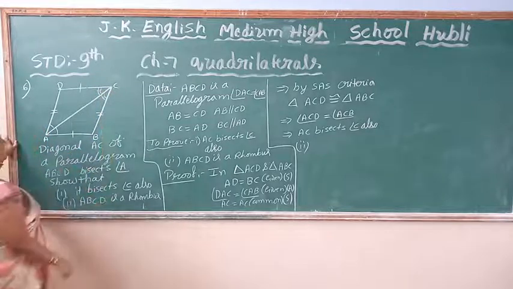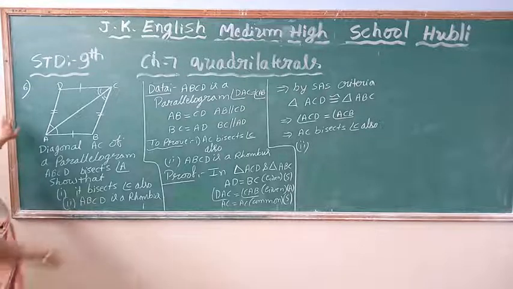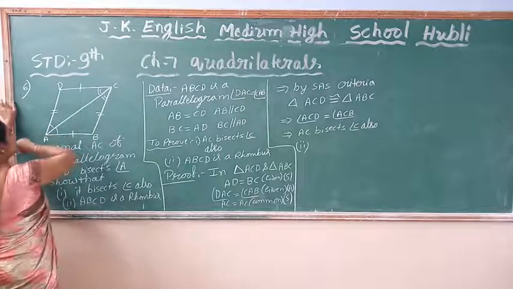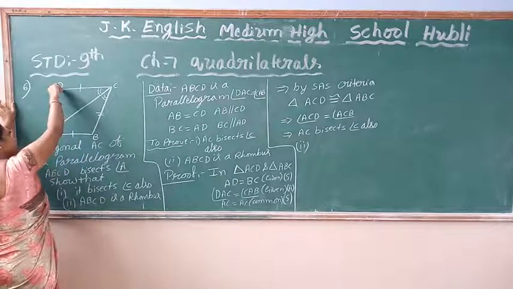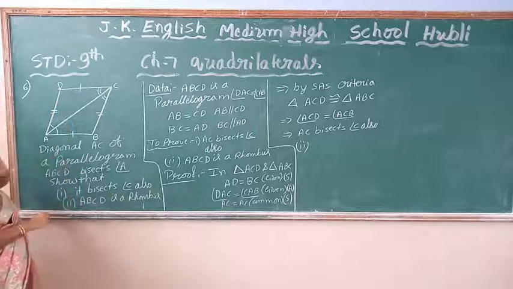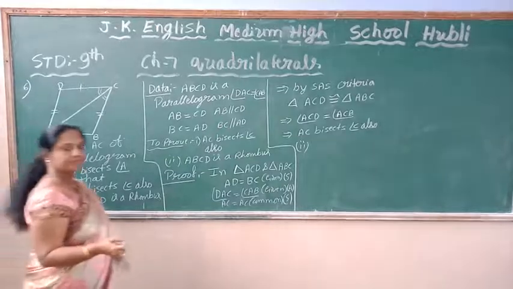These two angles are equal. If I prove it, all four sides are equal. So I have to consider now, if I consider another diagonal, write down, this much you write down, children.